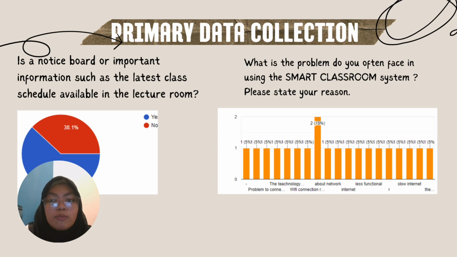Besides, out of 21 respondents, some mentioned the function of the projector, which is not in really good condition in the classroom. The survey form states that they cannot see the information displayed by the projector clearly due to the brightness in the smart classroom and the condition of the projector, which is not really good.